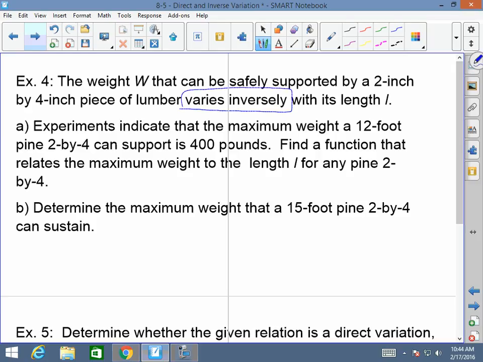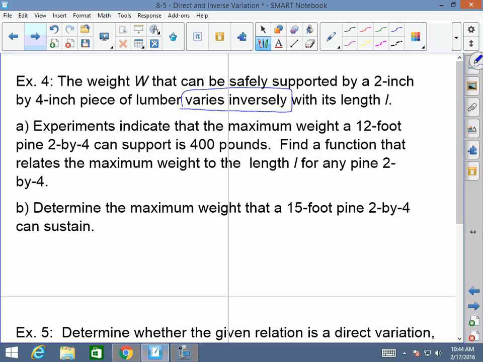So the weight W that can be safely supported by a 2 by 4-inch piece of lumber varies inversely with the length L. Experiments indicate that maximum weight a 12-foot pine 2 by 4 can support is 400 pounds. Find a function that relates the maximum weight to the length L for any pine 2 by 4.